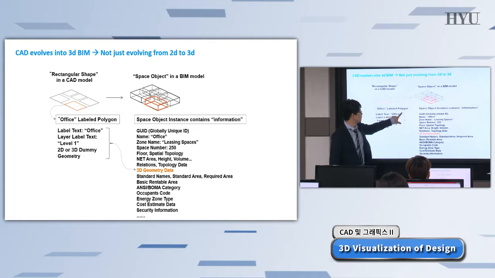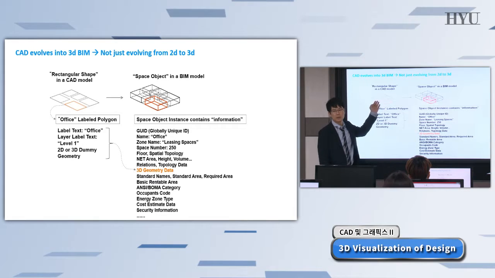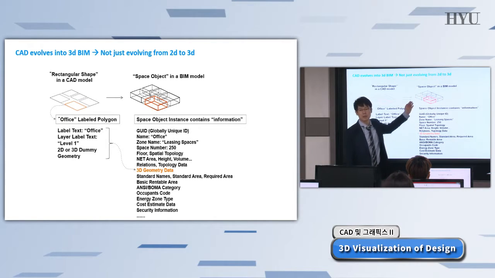Geometric data is everything for this kind of CAD system. But advanced smart applications in our design computing area for building design, building construction, that is just one subset of the entire information set. This is a really important difference.